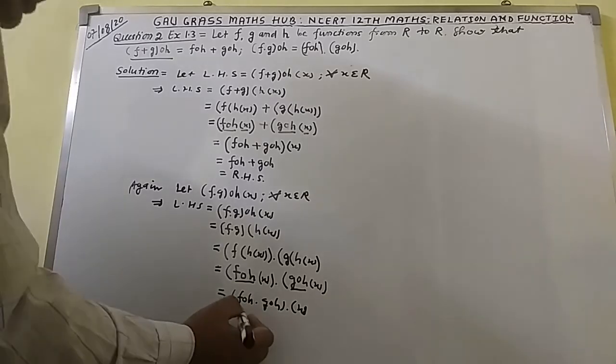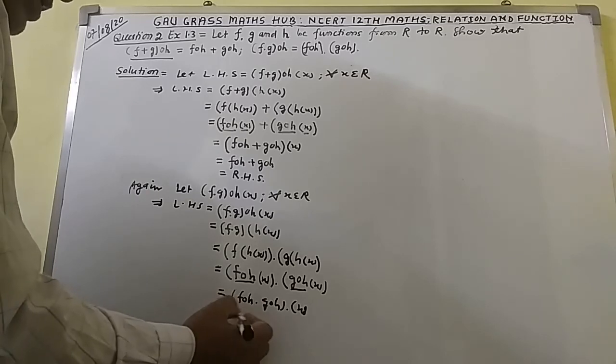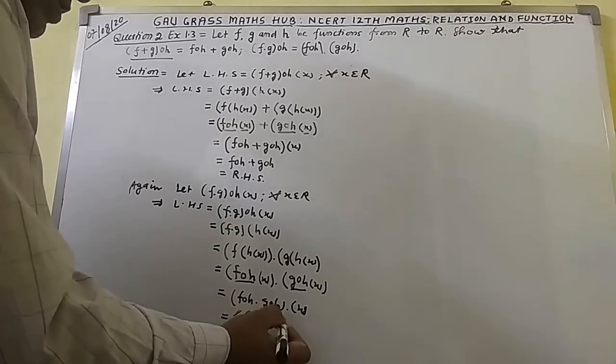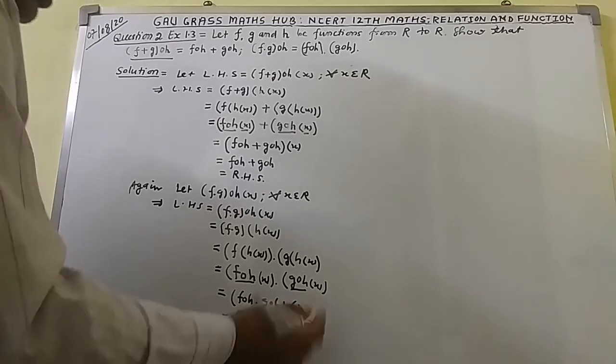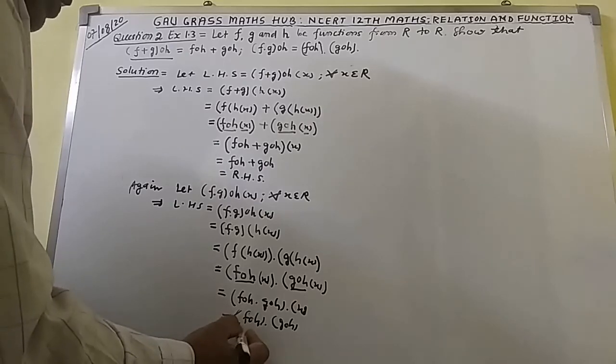Separate f o h and g o h in different brackets. Here you will get f o h dot g o h. x will be eliminated. This comes out to be RHS.